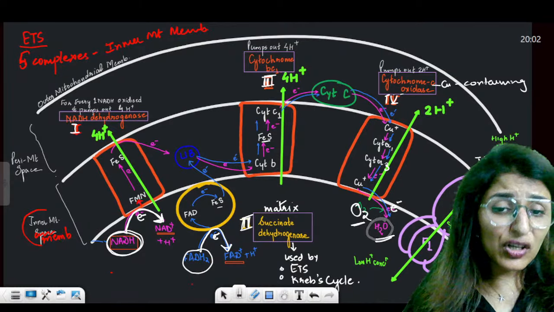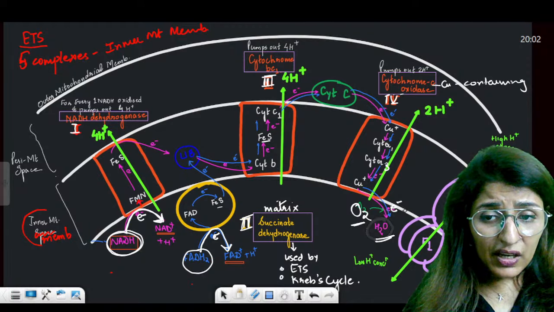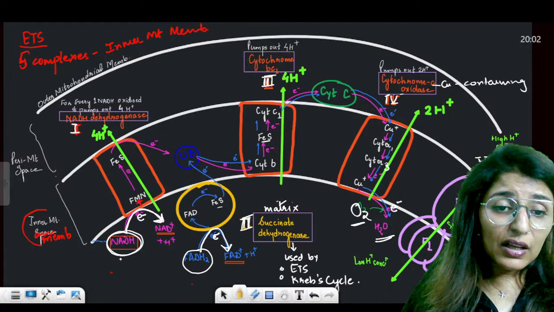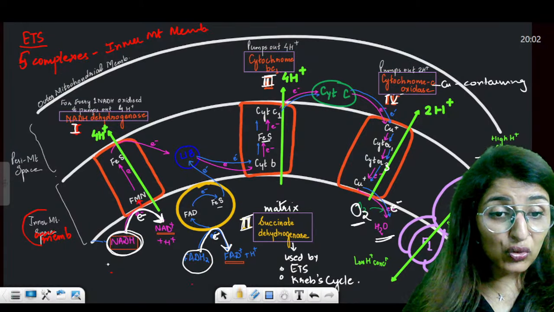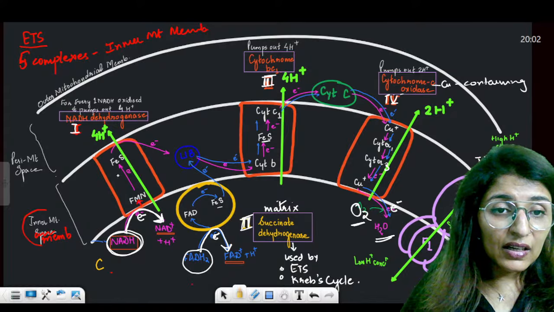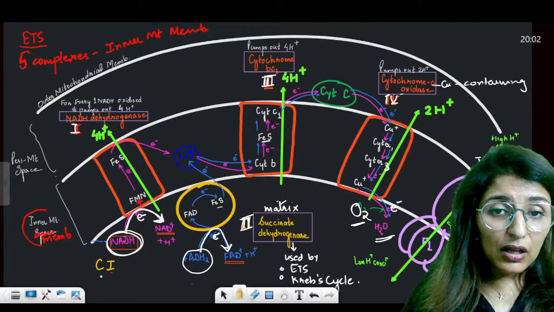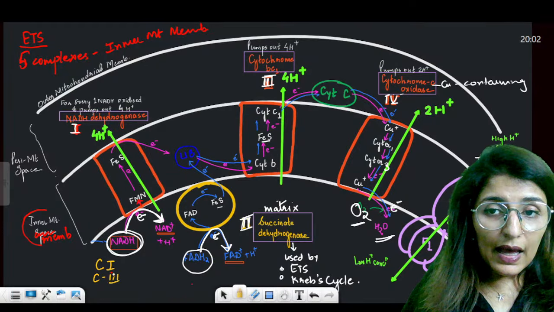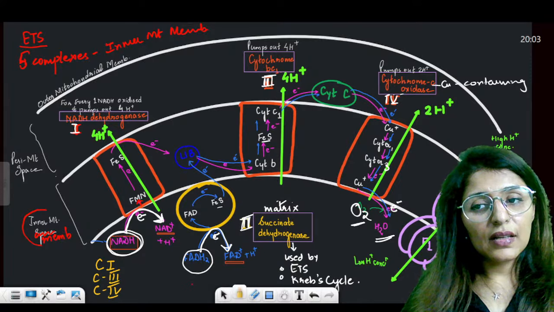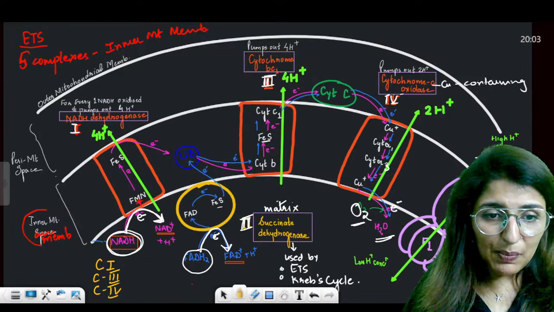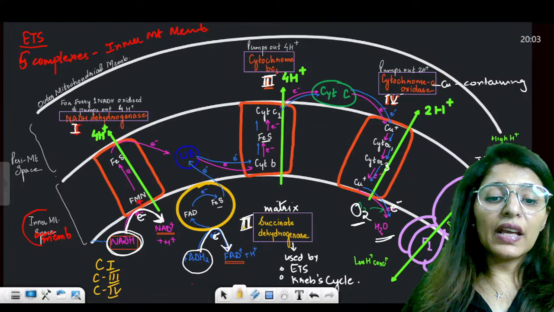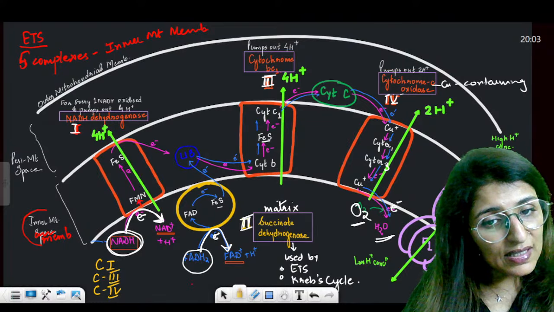Now please watch carefully. During the oxidation of NADH, which complexes were participating? It was complex number 1, complex number 3 and complex number 4. Yes, these are the 3 complexes which are participating. Now, during the oxidation of FADH2, which complexes were participating?